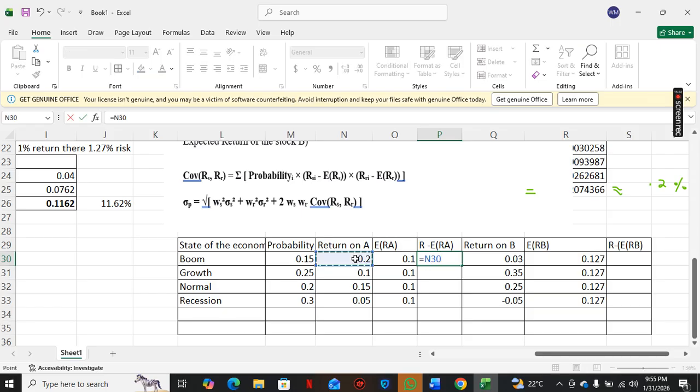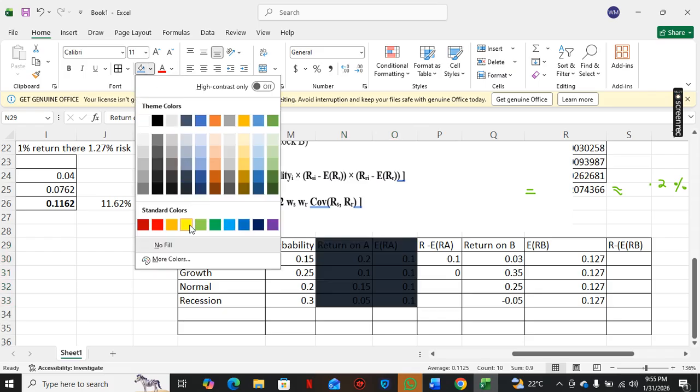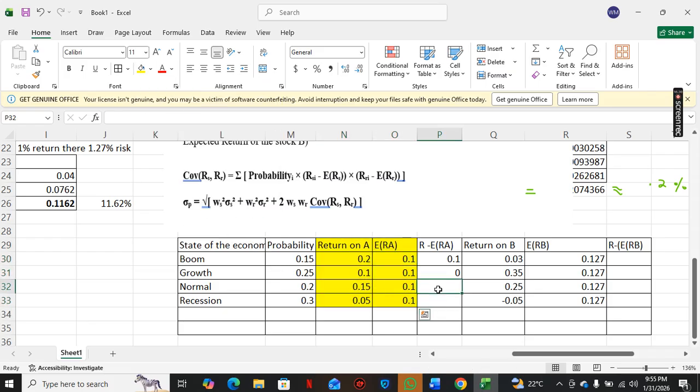Just the way we got the deviations earlier on is the same thing we're doing here. Each return minus the expected return.